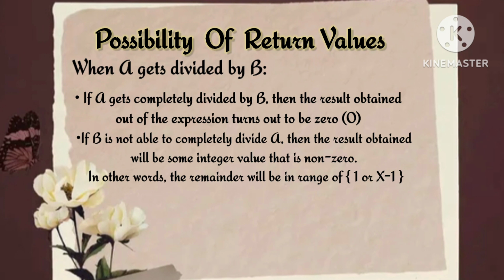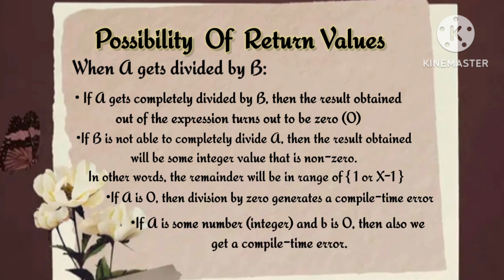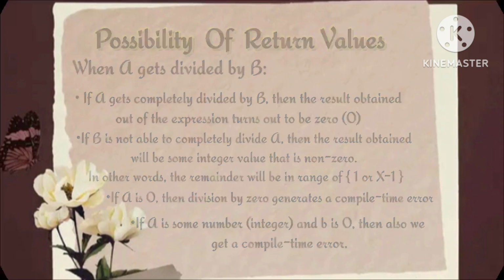In other words, the remainder will be in the range of 1 to b minus 1. If a is 0, then division by 0 generates a compile time error. If a is some number or integer and b is 0, then also we get a compile time error.